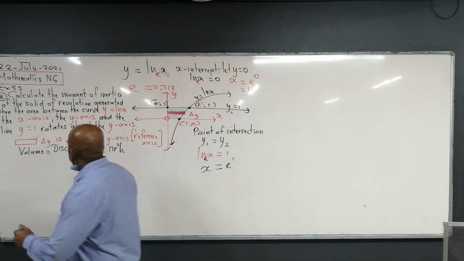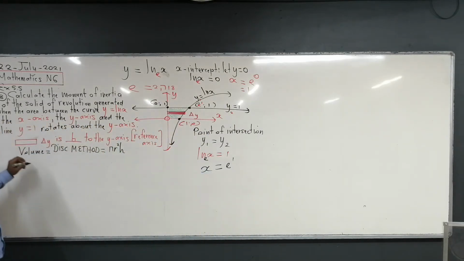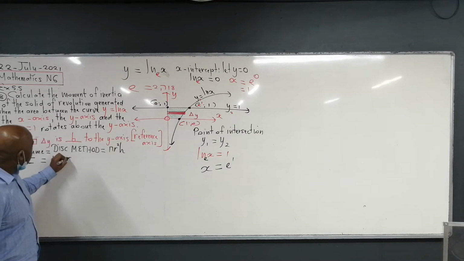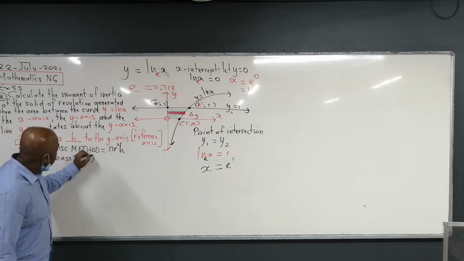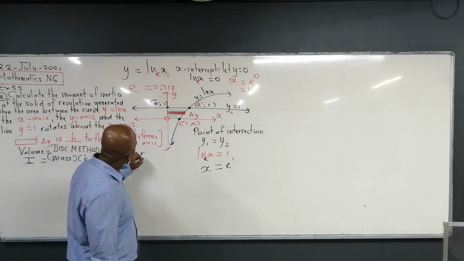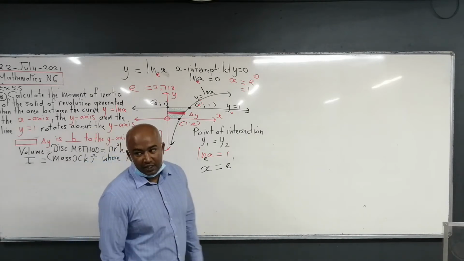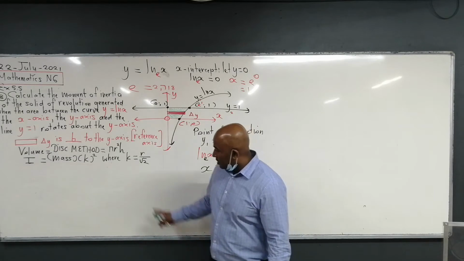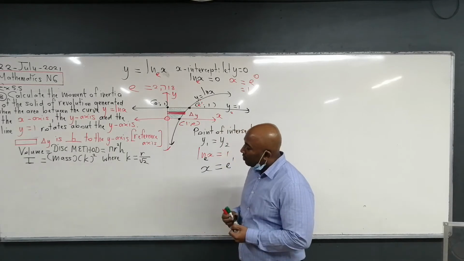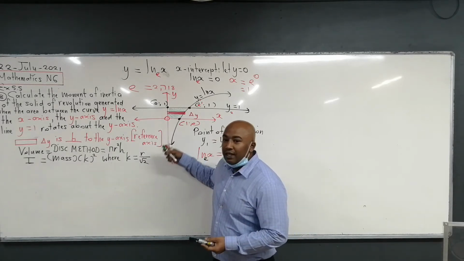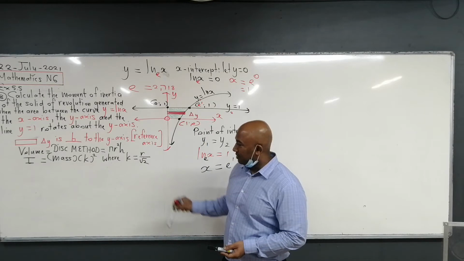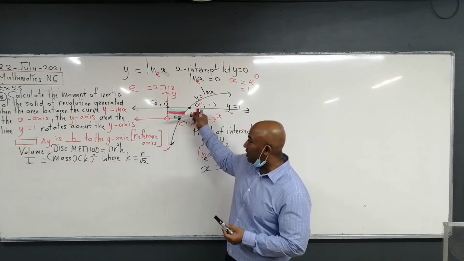Now, also for moment of inertia, we are going to be using the formula mass times k squared, where k is equal to r divided by root 2. The radius, that's given. You memorize that. Your k, which is called the radius of gyration, is r divided by root 2. Now, this is a result of using a perpendicular representative rectangle. This is a result of the choice that you have made.